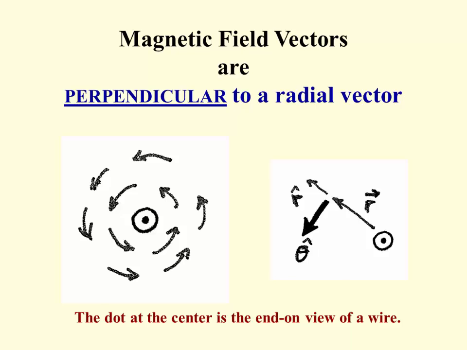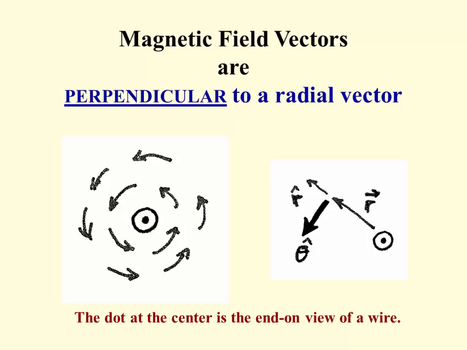When we go to calculate that, we'll find that those field vectors are perpendicular to a radial vector. The radial vector points away from the wire, which is shown with that little dot. The direction of the field is a right-handed rule cross-product relationship between the vector r and the direction of the current flow.